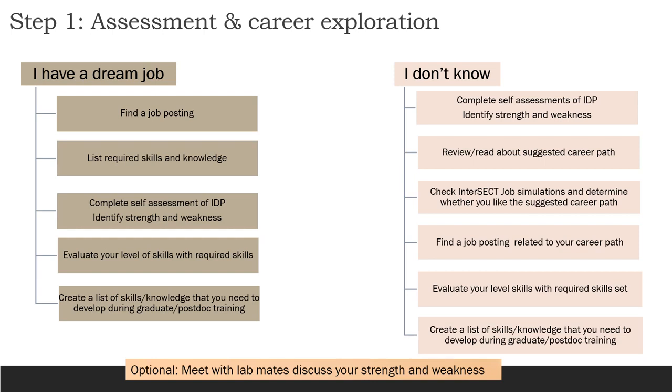So the next step, once you decide your career path, for example, you want to be a scientist in industry, is to look for a job posting related to a scientist in industry, compare what you got from the IDP assessment with what they require, evaluate your skill level, and list down what you need to accomplish during your graduate and postdoc training.